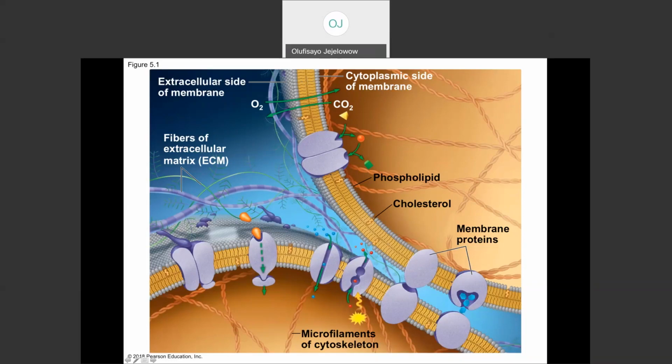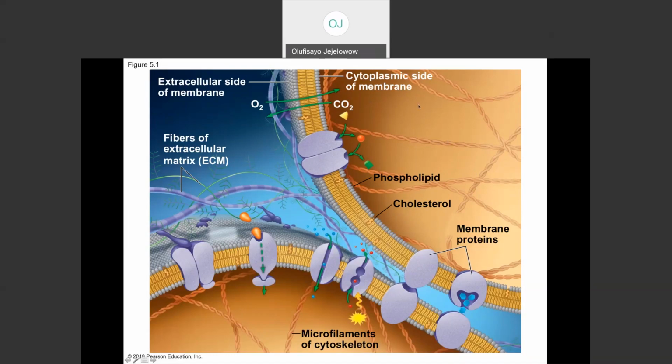From the extracellular side of the membrane, extracellular means outside of the cell, oxygen can easily diffuse across. So small non-polar molecules such as oxygen and carbon dioxide can diffuse across the biological membrane. Oxygen that's so much needed inside the cell can simply diffuse across the membrane.